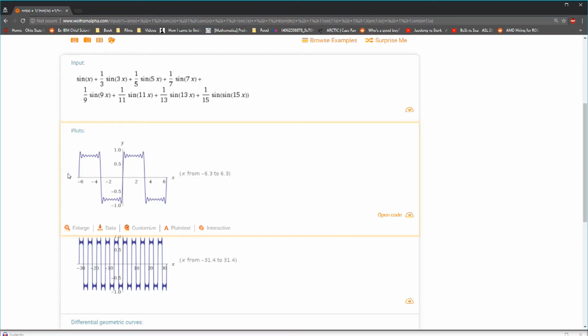Does this figure look familiar? It is in fact an approximation of a square wave.